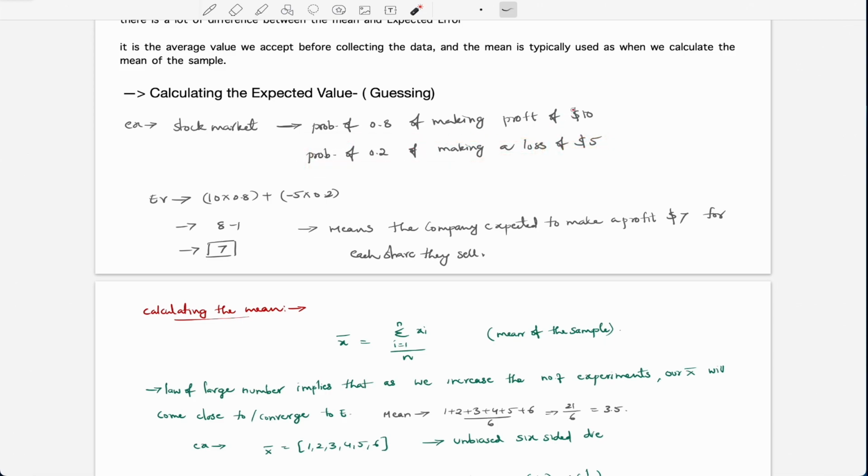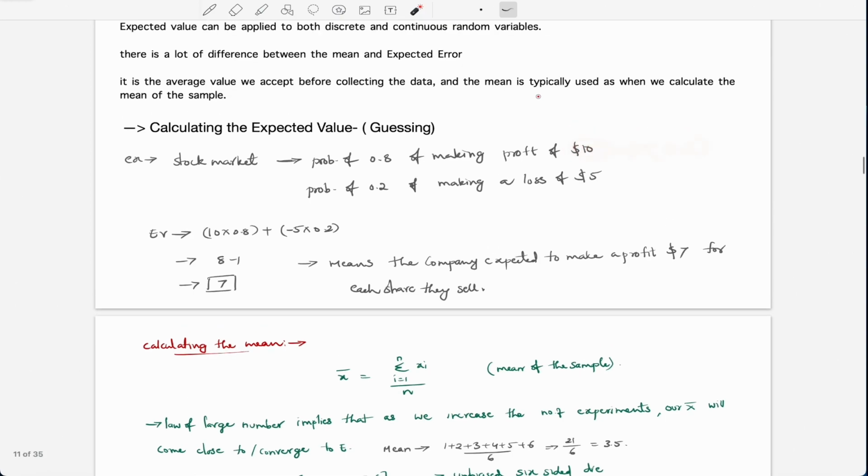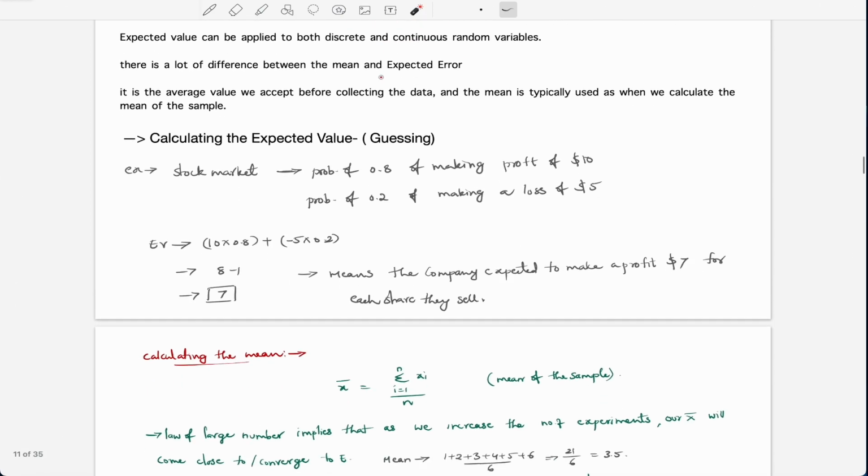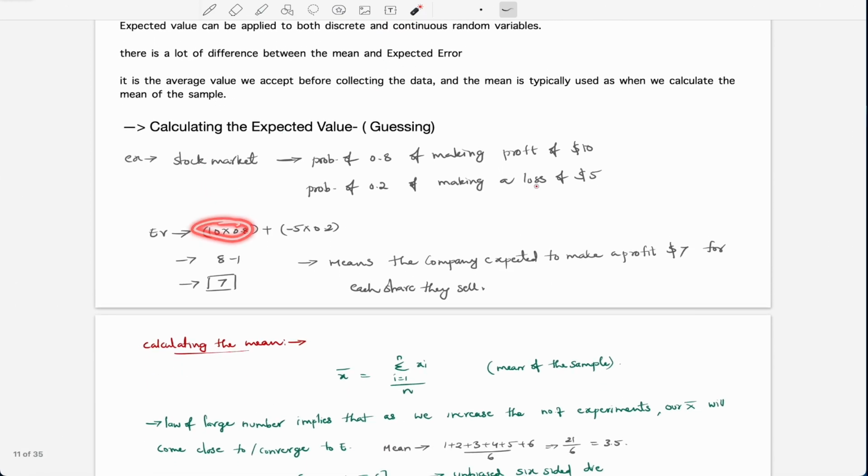This is a variable, and we have its probability, which is 0.8, and we simply multiply that, and with the $5 also, we simply multiply it with the 0.2, and we will get our output like this.